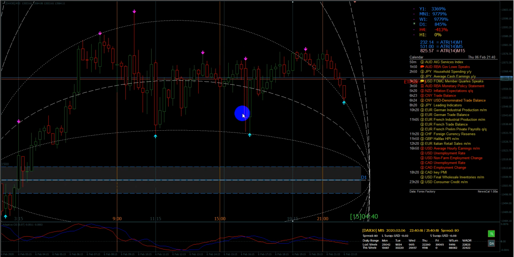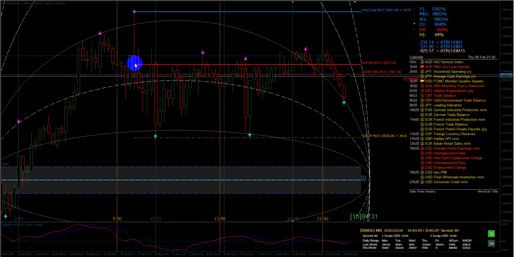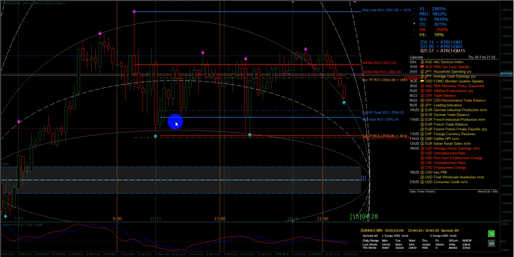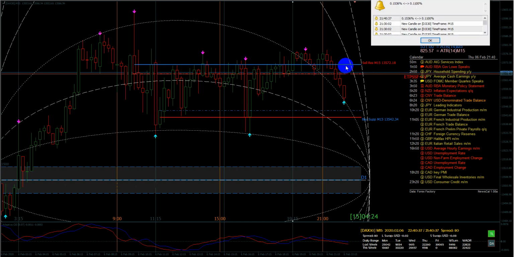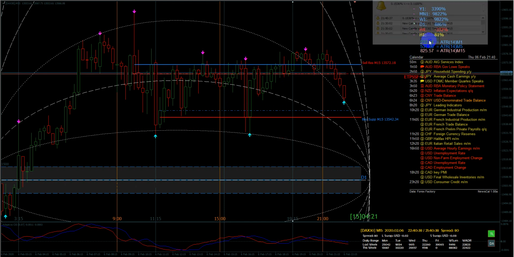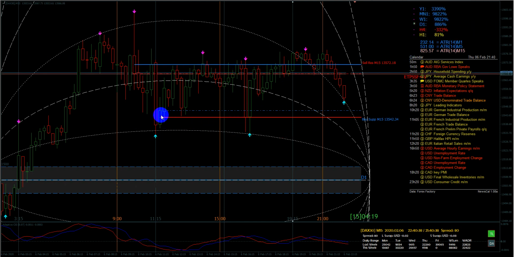But basically the best thing to do, from the perspective of the whole day, was like this, something like I already showed you. Simply get the resistance and the support and trade between. Take a couple of trades just between the resistance and support.